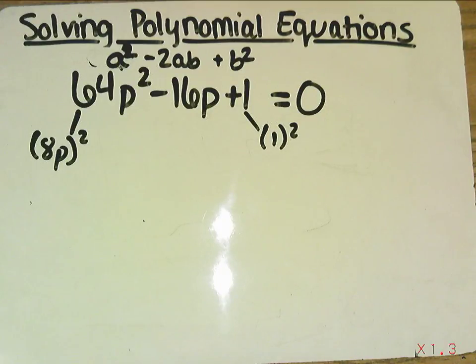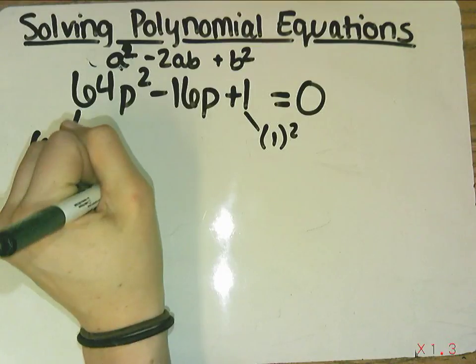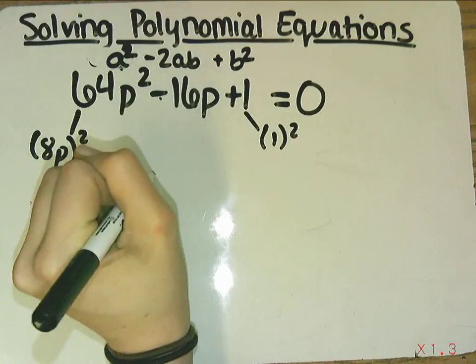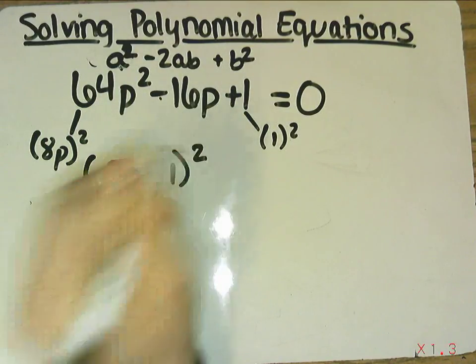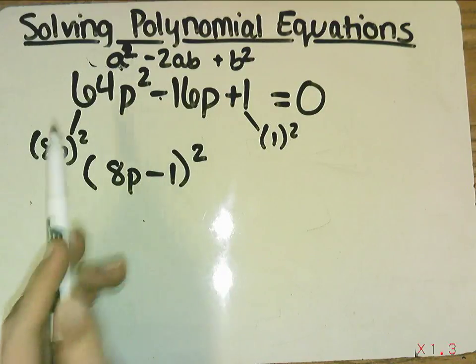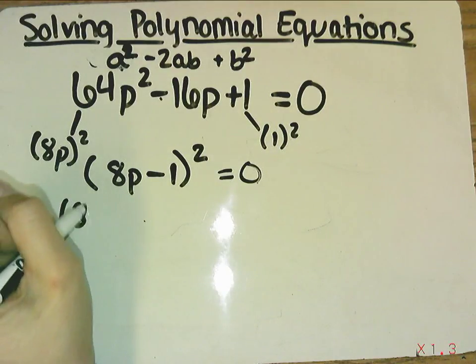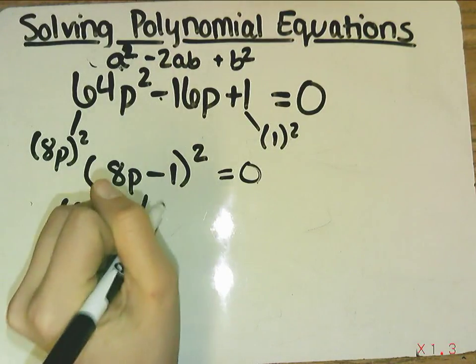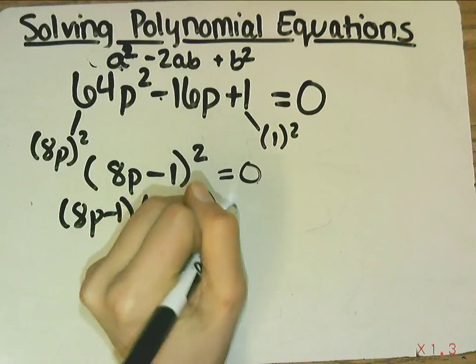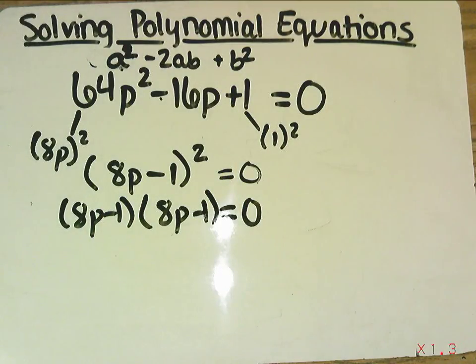Since I'm in this form, I can factor this really easily. I know that this is 8p minus 1 squared, and I'm equal to 0. So I have 8p minus 1 times 8p minus 1 equals 0.